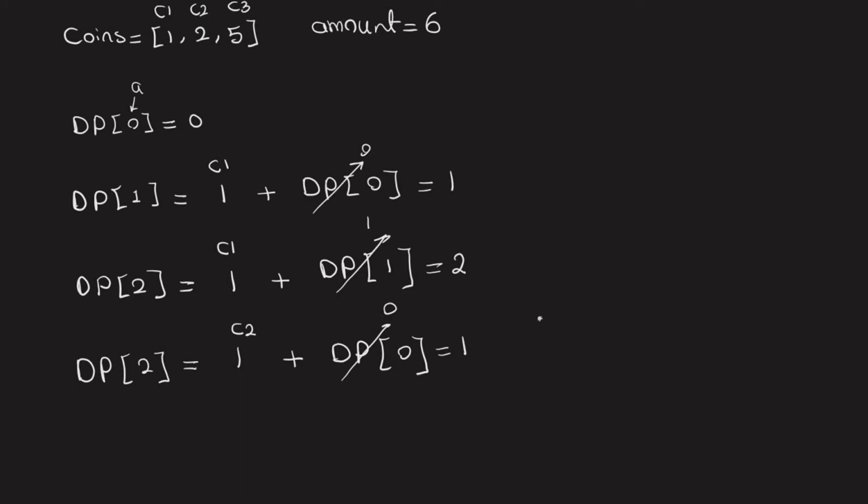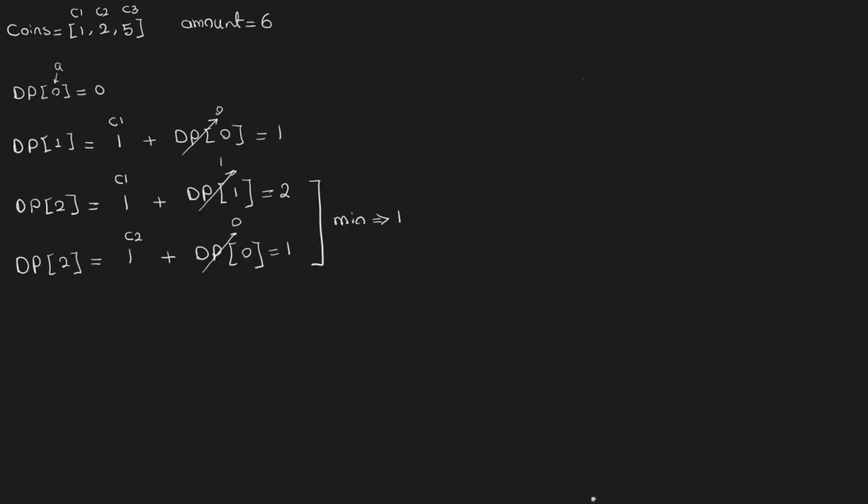So now I have 2 values for DP2. So our intention is to find the minimum of that, because we are going to return the minimum amount of coins. So we say this is 1. Okay? And we can continue this process and calculate the DP of 6. We can come up with a formula to do this. Let's try to do that.